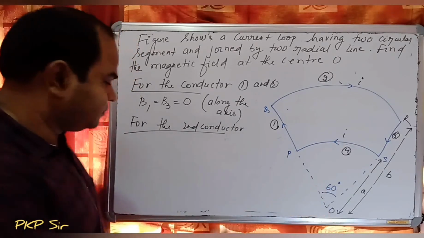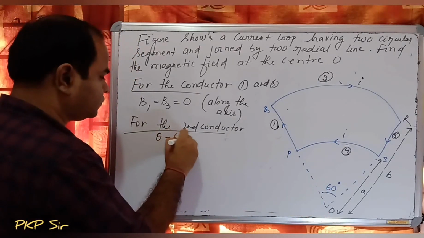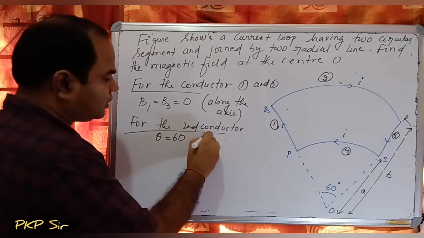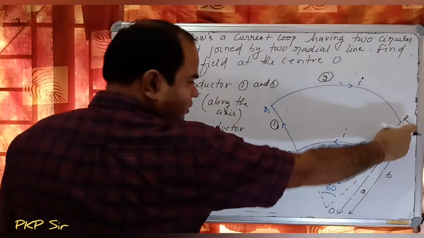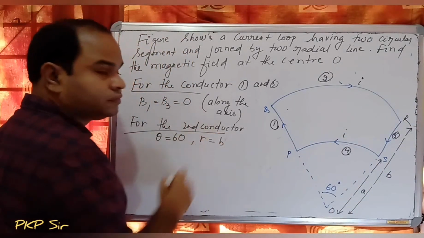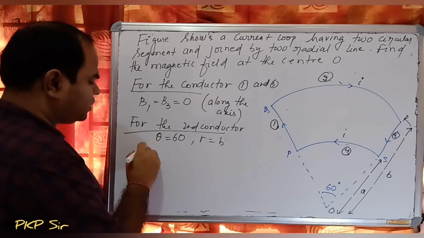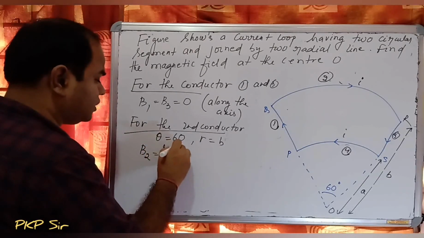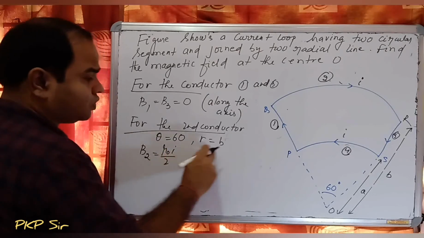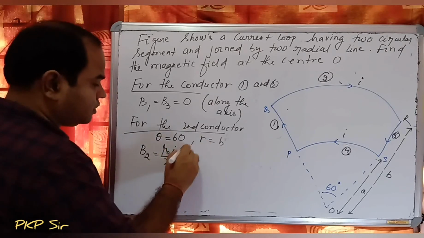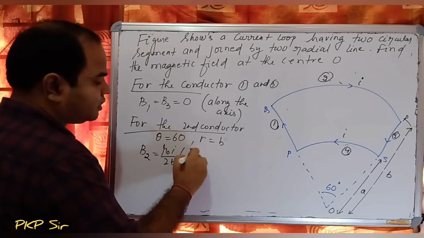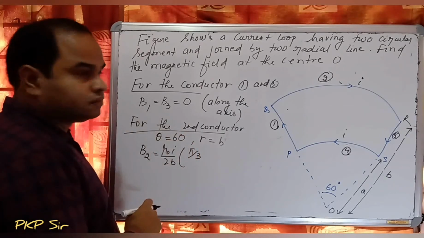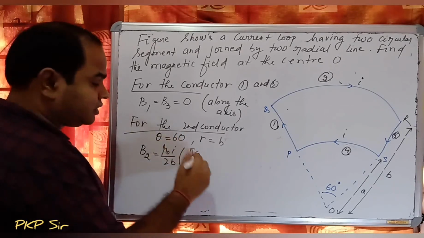theta is 60 degrees, and this r, the distance, is b. Let the magnetic field due to the second conductor be B2. So it is mu naught I by 2b times theta, pi by 3, divided by 2 pi.